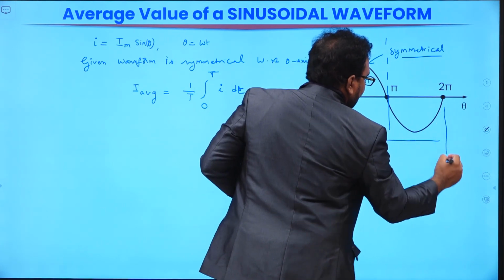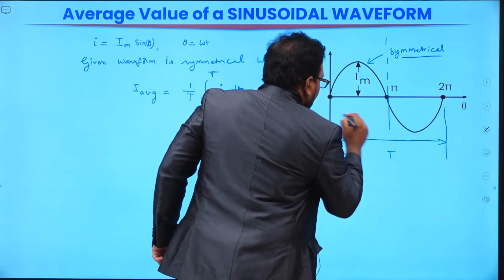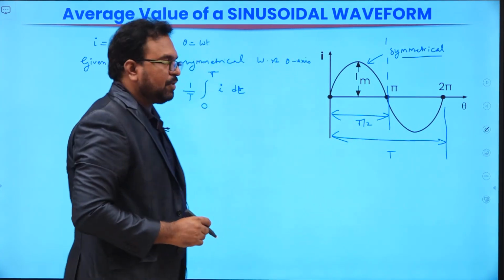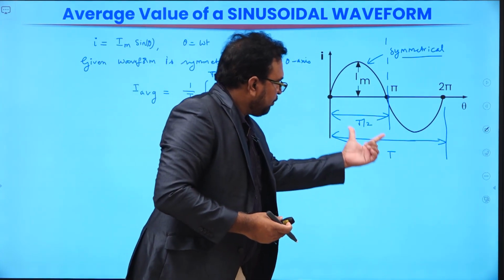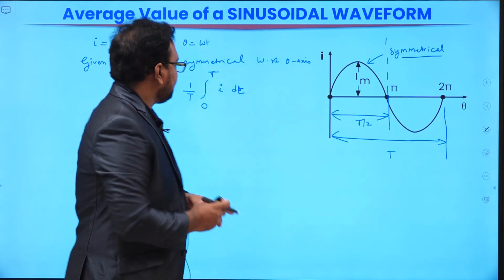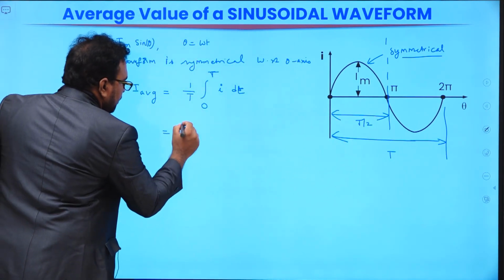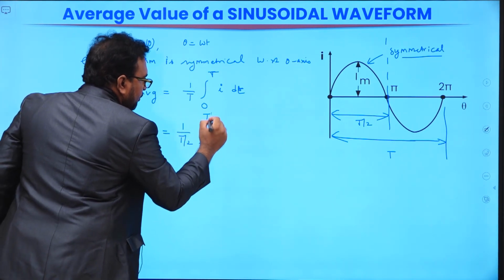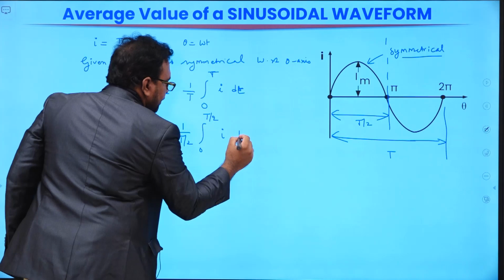This is the total time T. Now we are going to consider only the time period T by 2. So instead of our one cycle, we are going to calculate only the half cycle. Now this formula becomes 1 by T by 2 integral 0 to T by 2 of i dt.